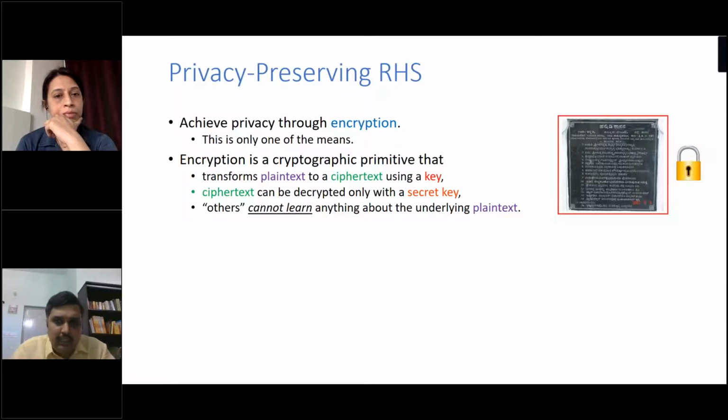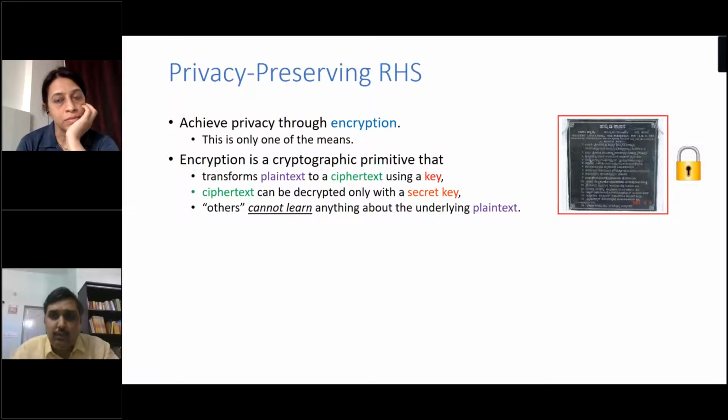Encryption is a cryptographic technique or primitive that transforms plain text into ciphertext using a key. What is important is that the ciphertext can be decrypted only with the secret key, and others, meaning those who do not have access to the secret key, cannot learn anything about the underlying plain text.